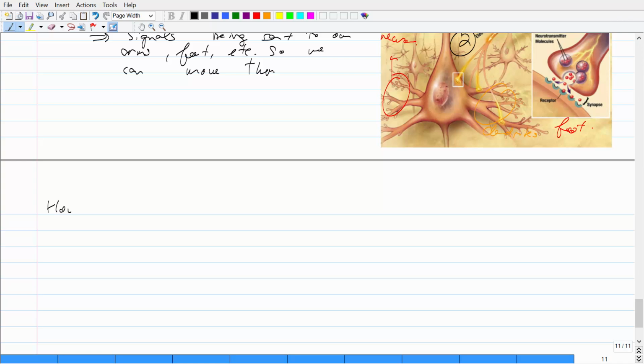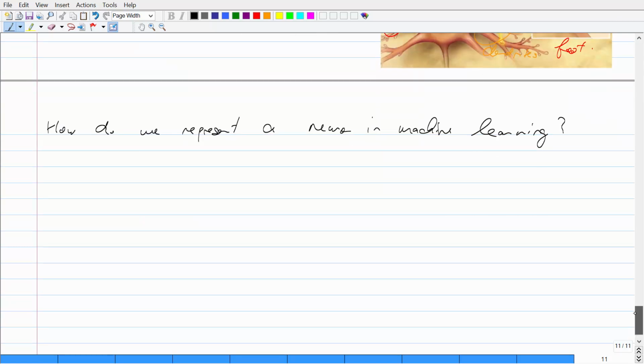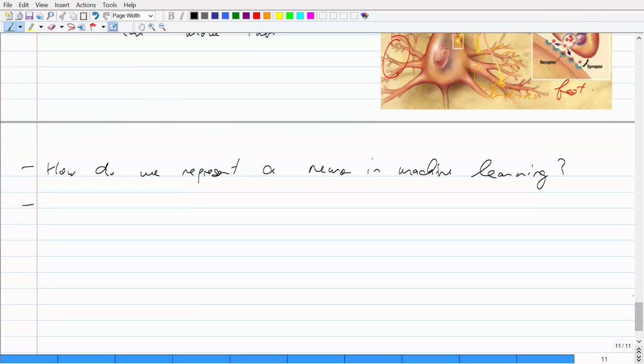Okay, so that's how we can take a look at the human brain at a very high level. So let's get back to the actual course. How do we represent a neuron in intelligence systems or machine learning? These have a synonym.